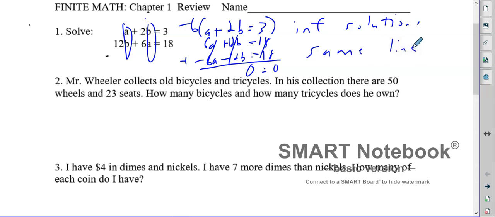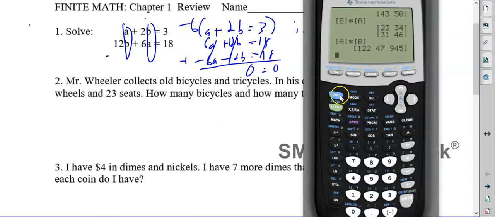Now, we could have also done a matrix on this. So we can go into our calculator, go to matrix, edit. Okay, we have 2 rows and 3 columns. So it's a 2 by 3. And we have 1, 2, 3, and 6, 12, 18.